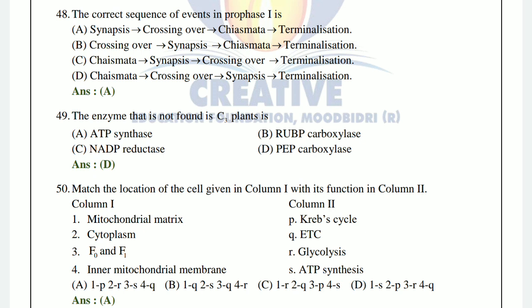The correct sequence of the event in prophase 1 is option A. Question 49. The enzyme that is not found in C3 plants is PEP carboxylase. 50. Match the location of cell given in column 1 with the function in the column 2. The correct option is option A, that is 1, 2P, 2R, 3S and 4Q.